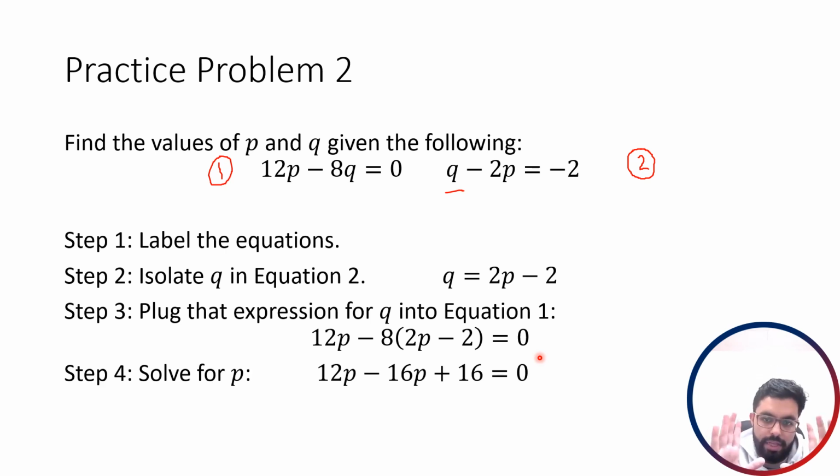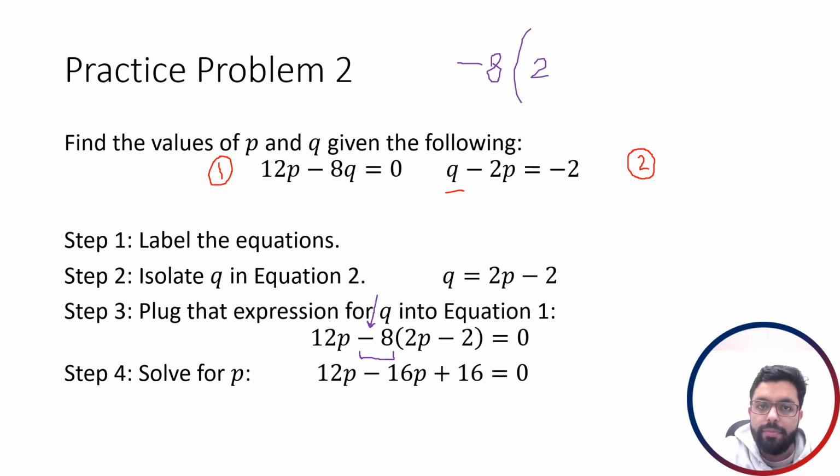So here is where the distributive property looks a little bit weird, and I'm going to explain what I've done there. I'm treating this minus sign, even though it looks like we're doing a subtraction, I like to treat that minus sign as part of the number that's out in front of the brackets. So I like to treat this as -8 times 2p minus 2.